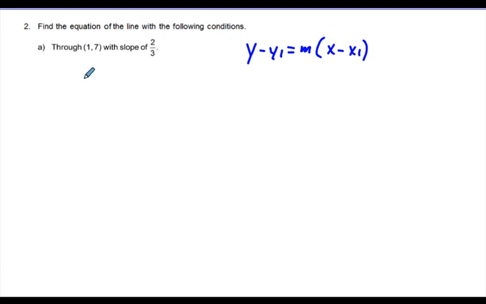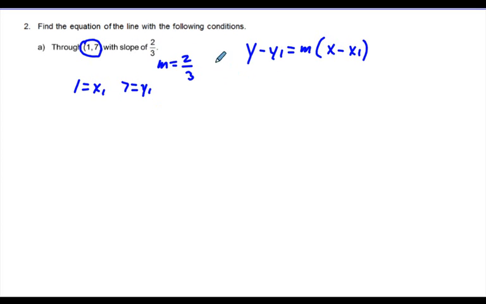In this coordinate pair 1, 7, 1 is our x1 and 7 is our y1, and our m, of course, is equal to 2/3.